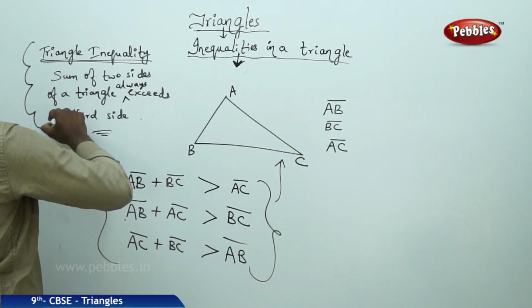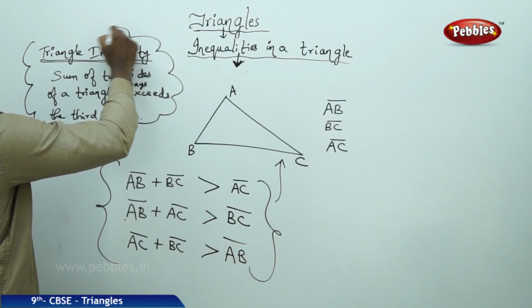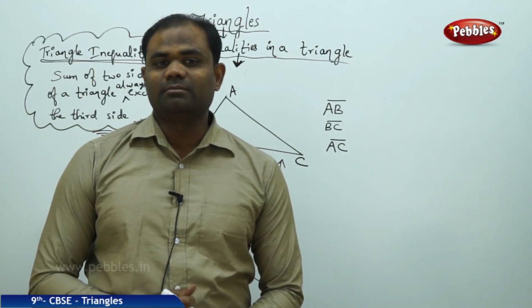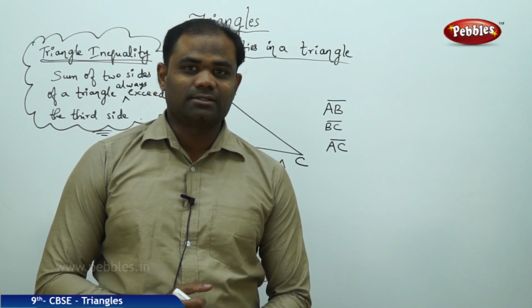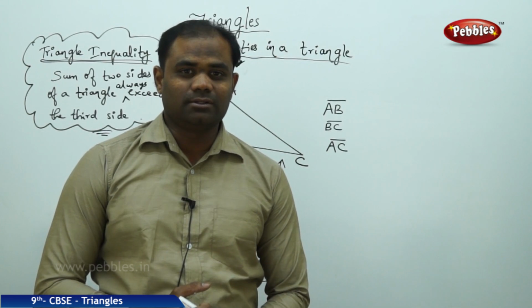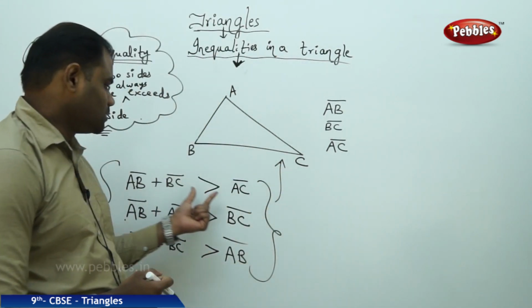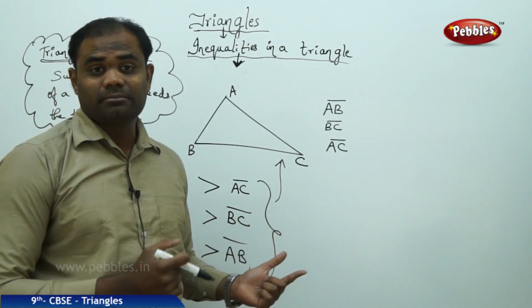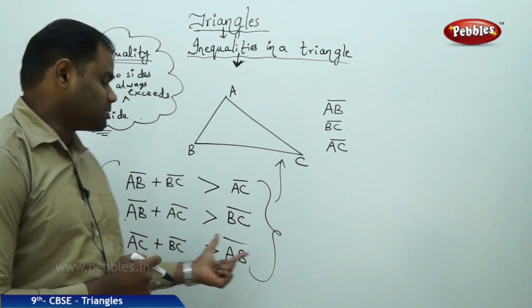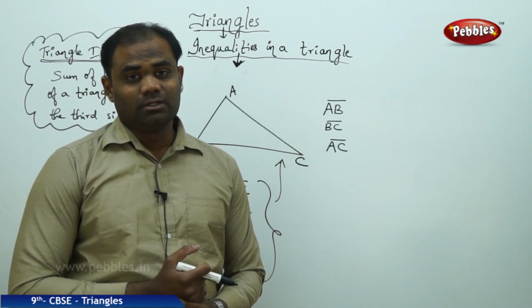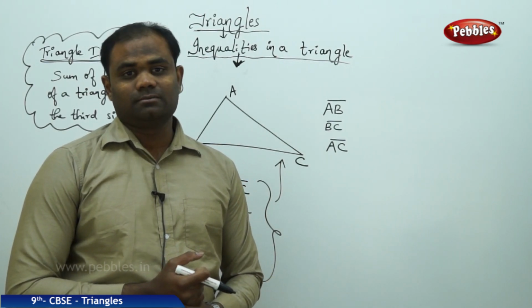This is how I connect the triangle inequality in the triangle ABC. Sum of two sides exceeds the third side. Triangle inequality: AB plus BC greater than AC, or AB plus AC greater than BC, AC plus BC greater than AB. That's how we see the triangle inequality.